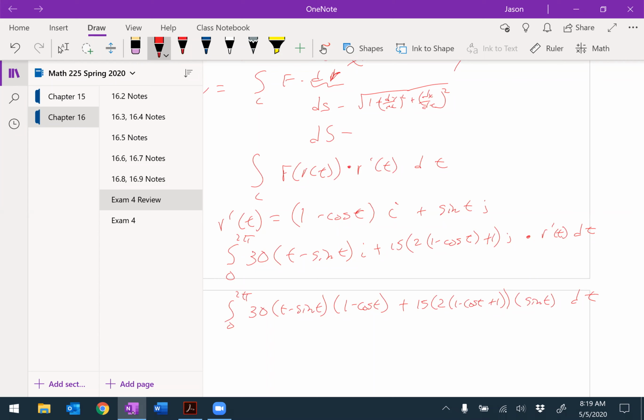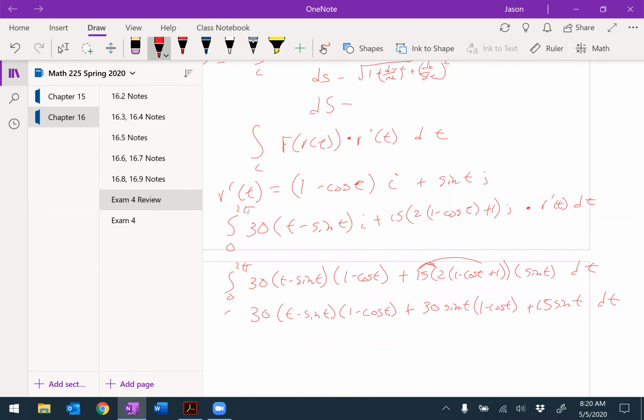If I distribute the 15 and the sine t, what I get is 30 times t minus sine t times 1 minus cosine t, plus 30 sine t times 1 minus cosine t, plus 15 sine t dt, all integrated from 0 to 2 pi.